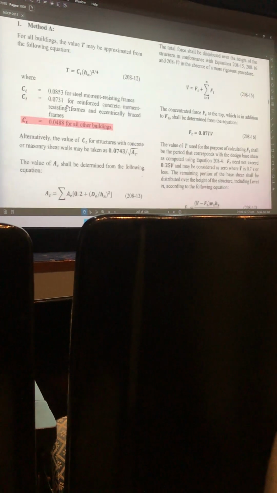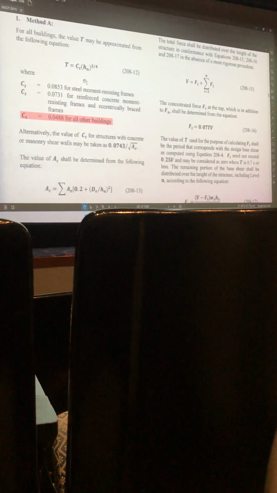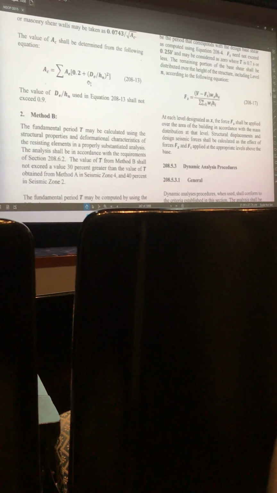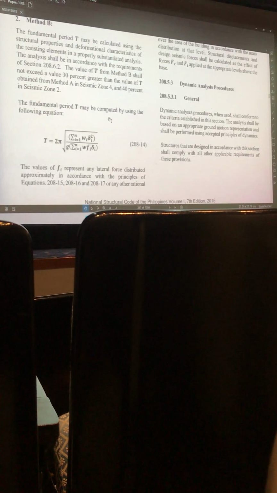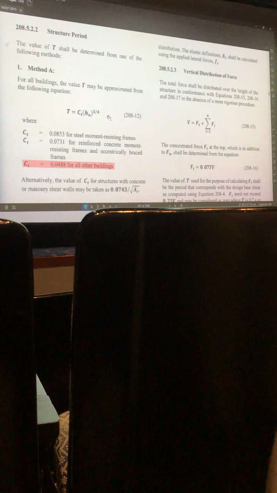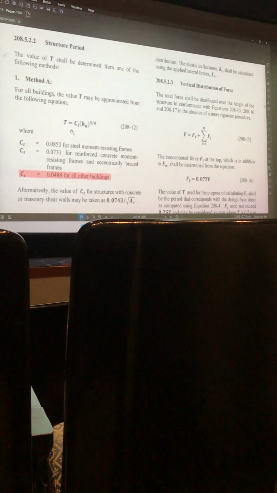We have method A and method B. So in this solution, what I have shown is method A, because it is easier. Method B is more work, since there is more to compute.